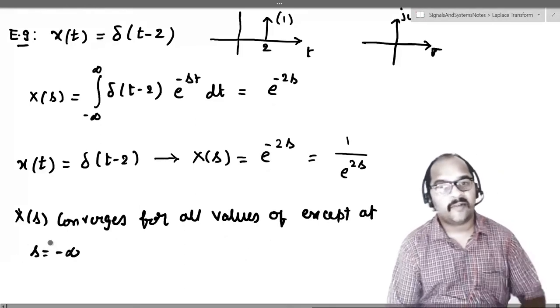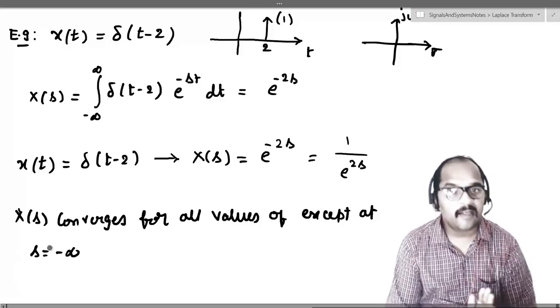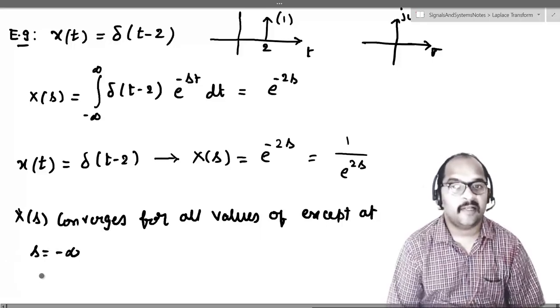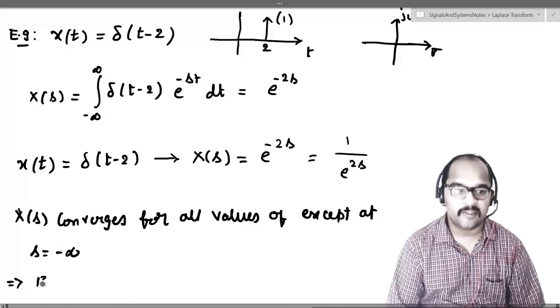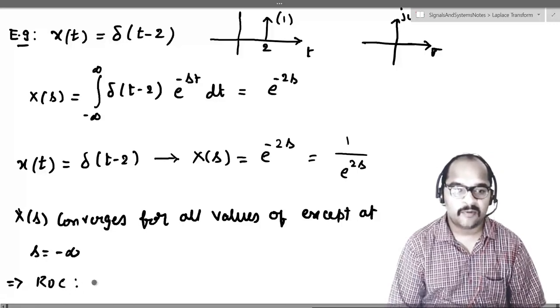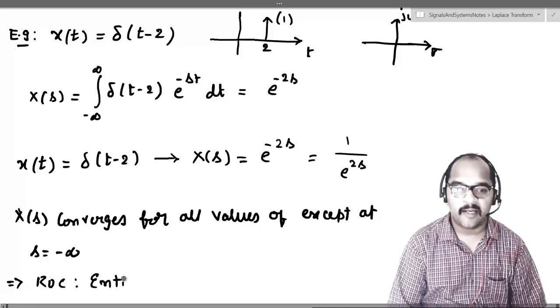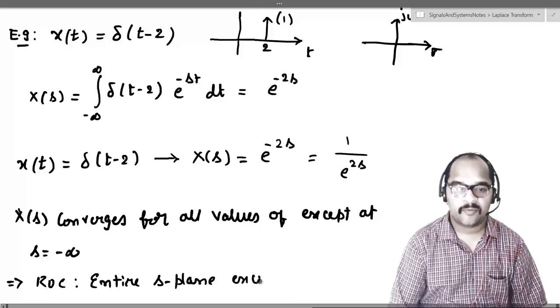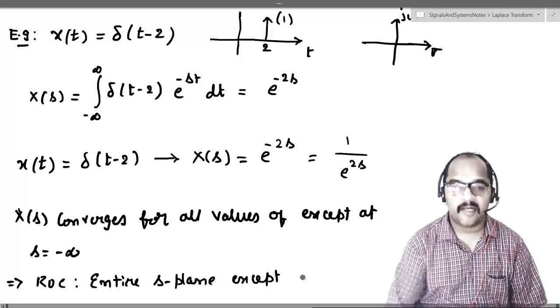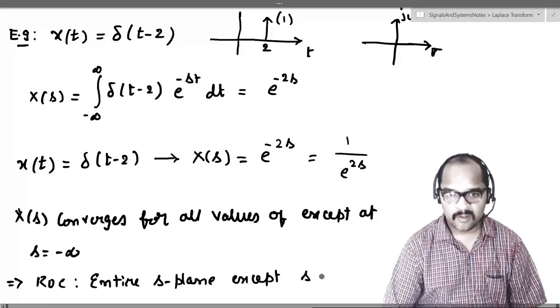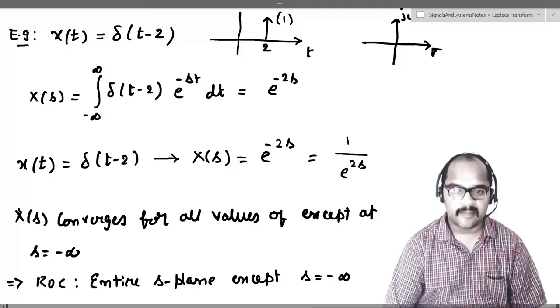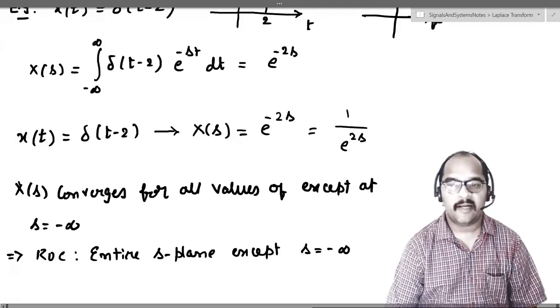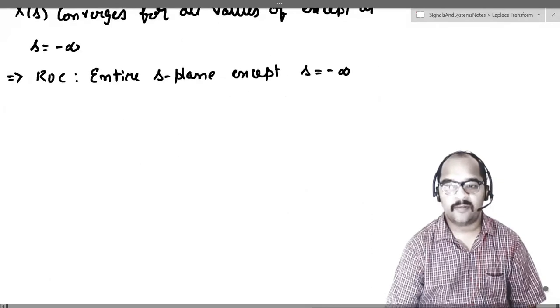So this implies the ROC is the entire s plane except s equal to minus infinity. Entire S plane except at S equal to minus infinity.